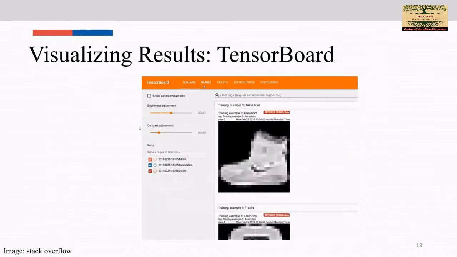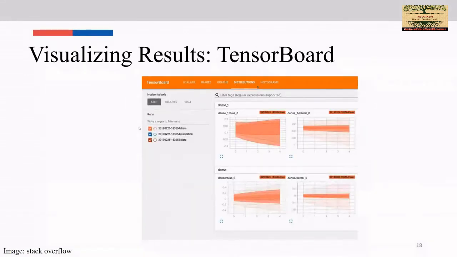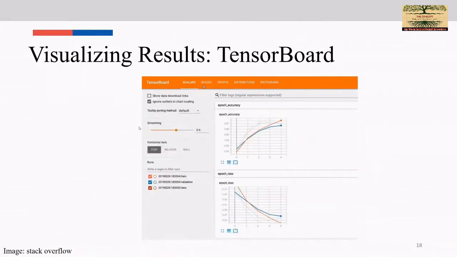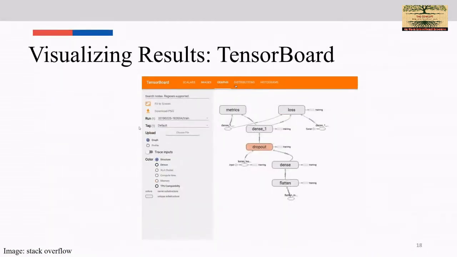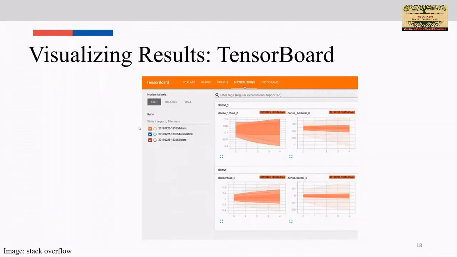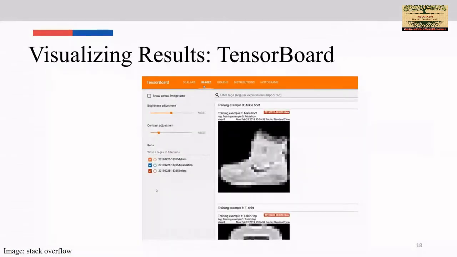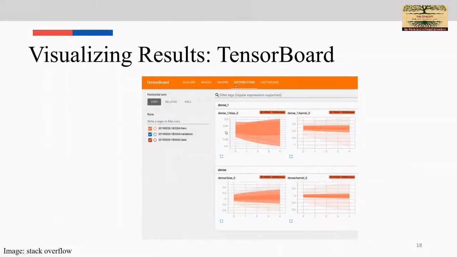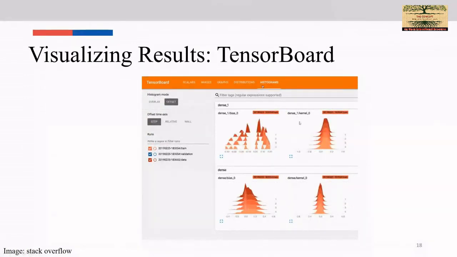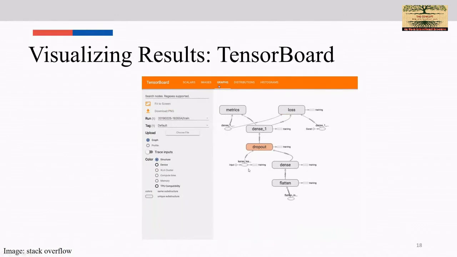Now, I have already talked about TensorBoard, another visualization tool. Using TensorBoard, you can visualize your training and your data that comes from either TensorFlow or PyTorch. After training, you can easily visualize how your network looks, how your network is trained, what your accuracy is, how your images look, and what your prediction is.